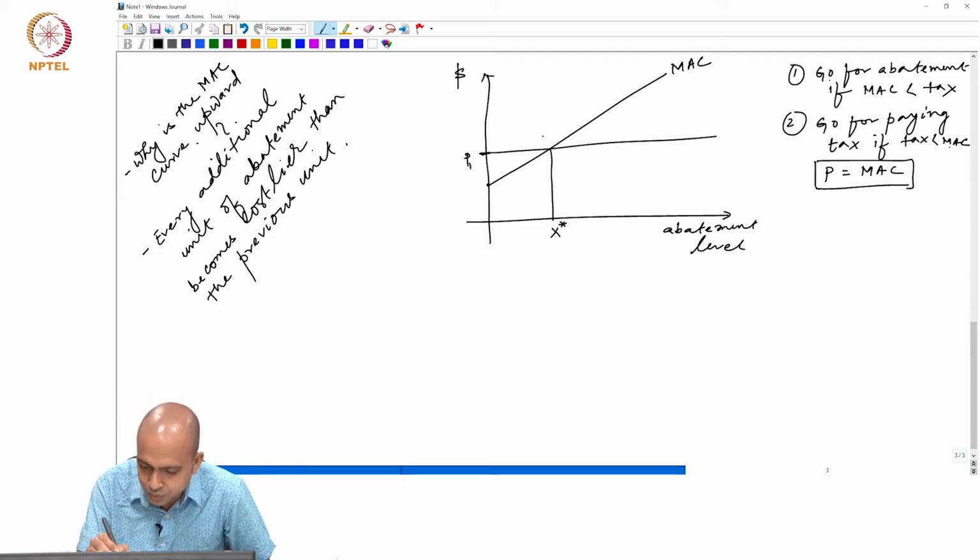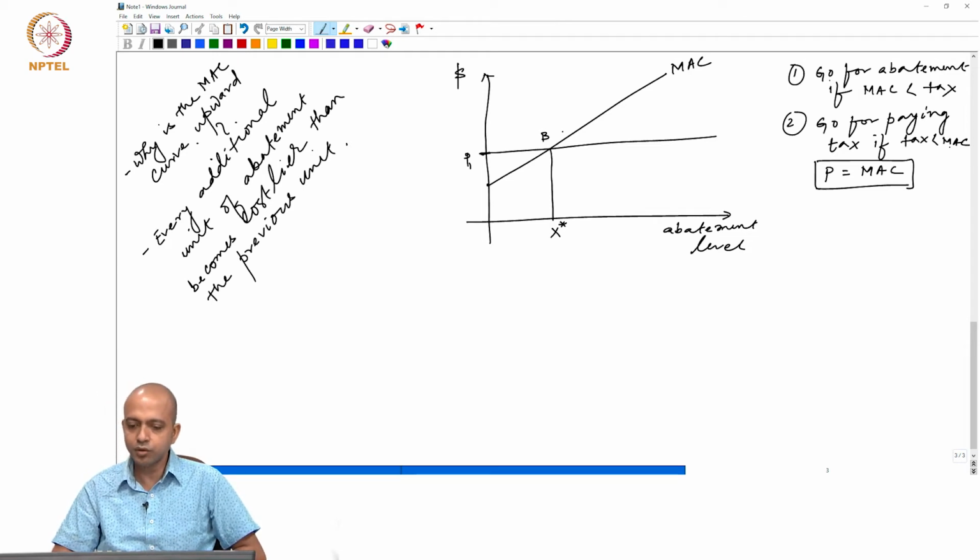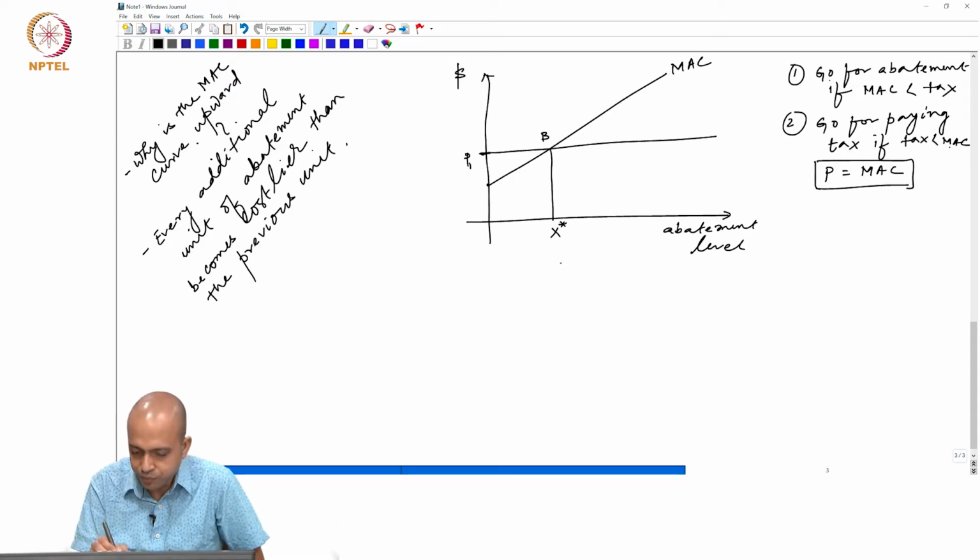Let us say that this is point number B. They have simply equated the tax with the marginal abatement cost and decided about the optimum level of abatement.